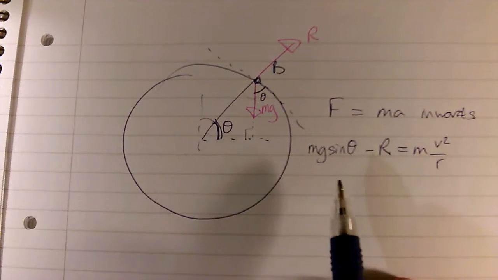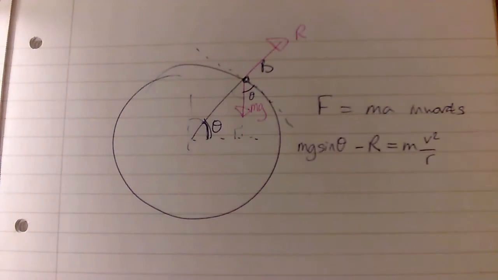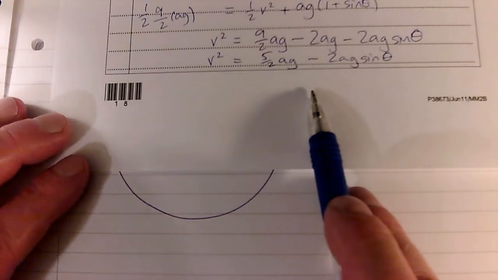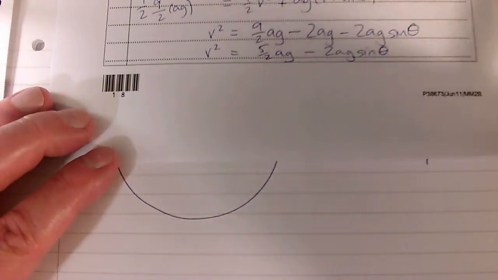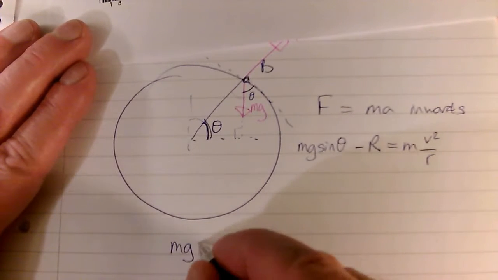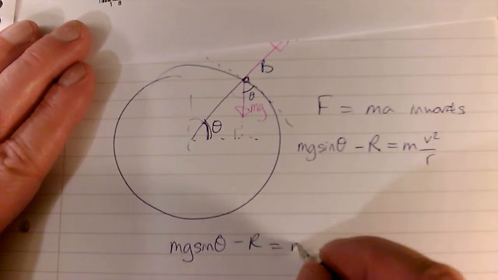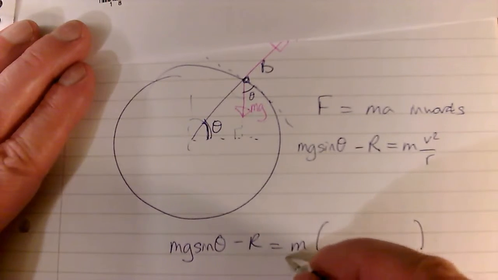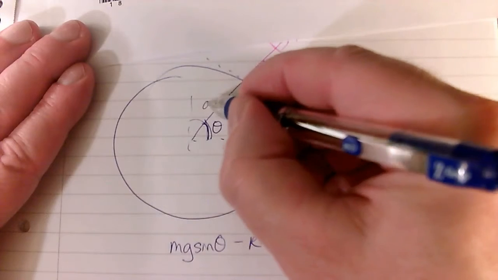So here is my F equals ma equation, and I need to put that together with the fact that I knew from before that v squared is this expression here. So I've got to substitute that into my F equals ma. I'm still going to have mg sine of theta minus R equals m v squared over a, because the radius has always been a.